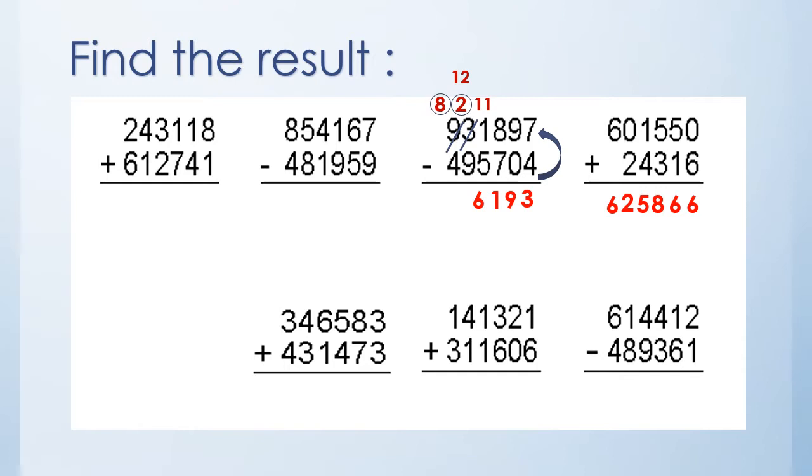After 9, 10, 11, 12. 3. The last digit, 8 minus 4. After 4, 5, 6, 7, 8. 4. Then the result is 436,193.